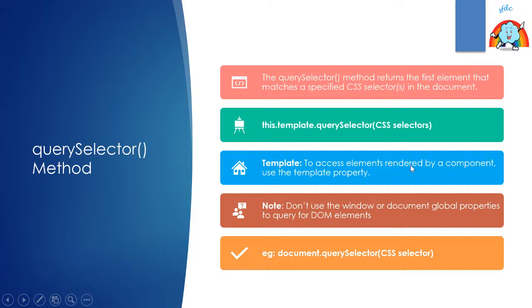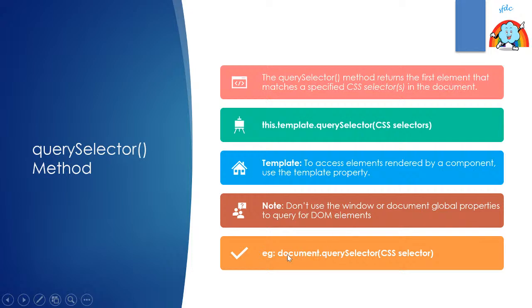Here we have given template. To access an element rendered by a component, use the template property. Basically, because we are writing the template, we have to use this. And we have to note that we don't use window or document global properties to query for DOM elements.